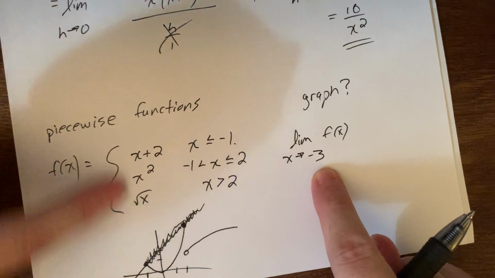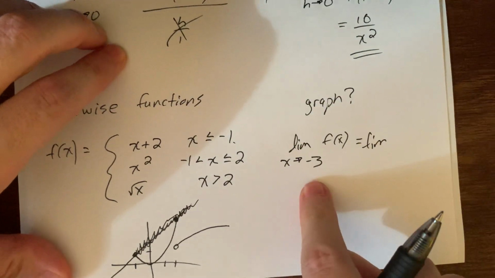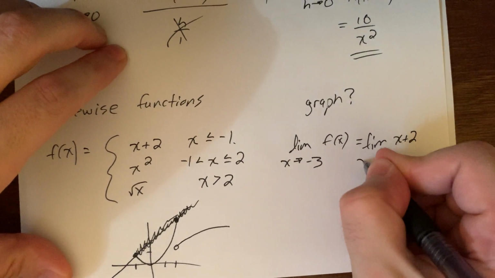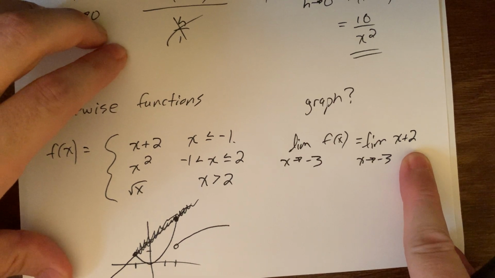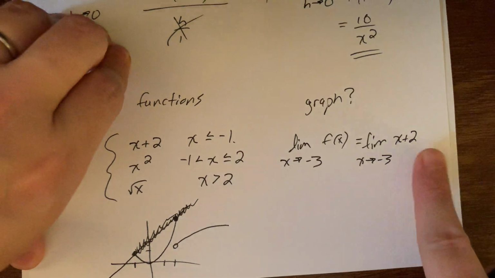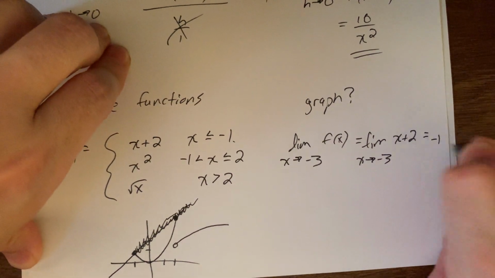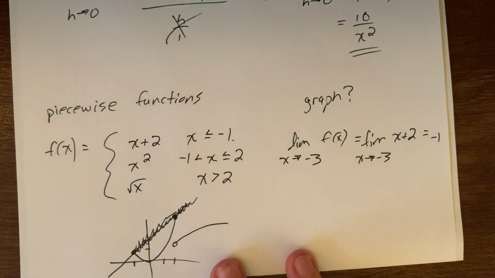So I don't care about the other pieces. For these particular x's, I only need to be concerned with the x plus 2 piece. And now that there's only one equation in there, I can take it using my limit laws. I plug in the -3, nothing fancy happens here, and I get an answer of -1.